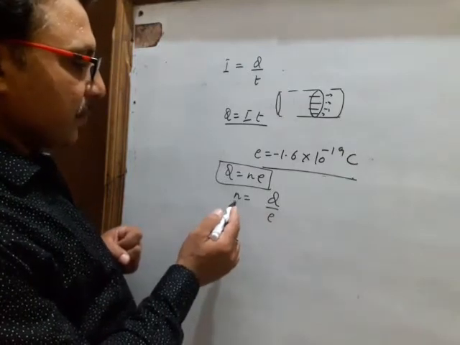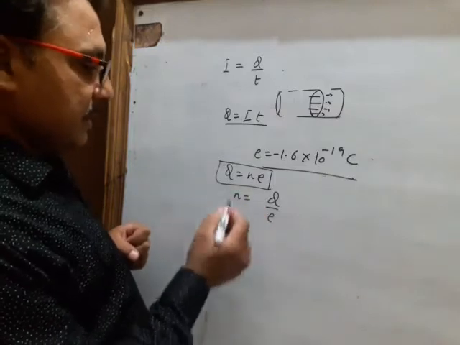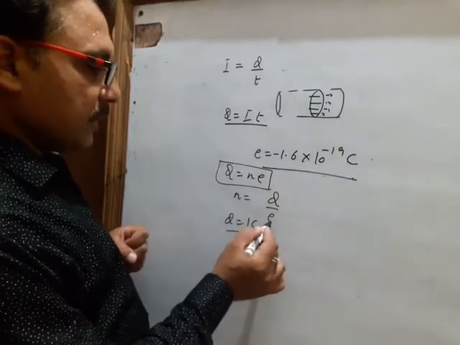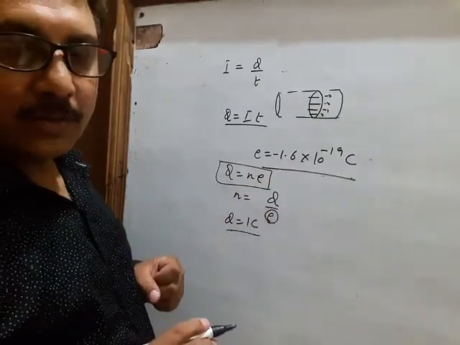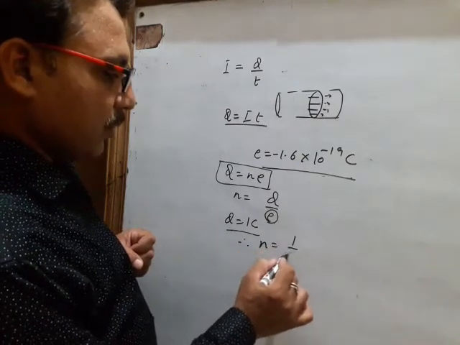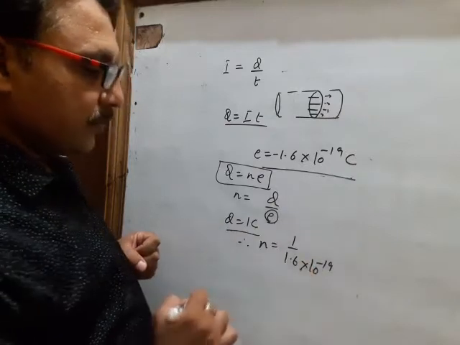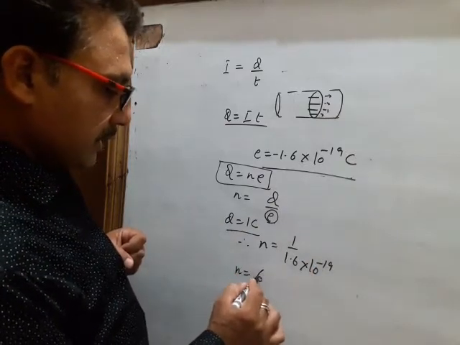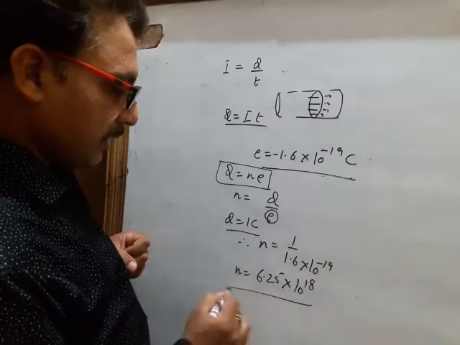If I say how many electrons form 1 coulomb of charge, then you write Q equal to 1 coulomb and the value of small e, the standard charge of electron. So N equal to 1 upon 1.6 into 10 to the power of minus 19. This gives N equal to 6.25 into 10 to the power of 18.